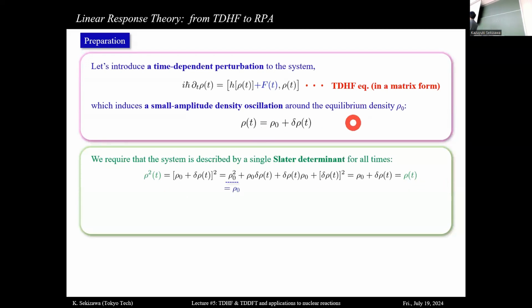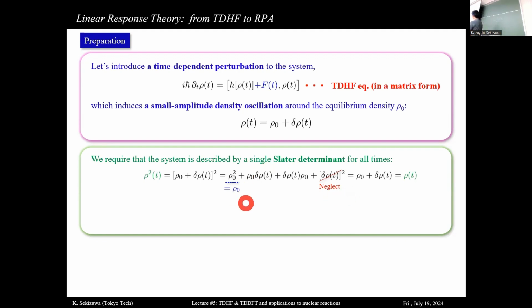You can calculate this square by inserting the expansion, and then we can neglect the second-order term, assuming it is very small compared to the others.